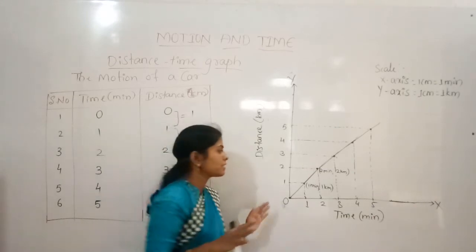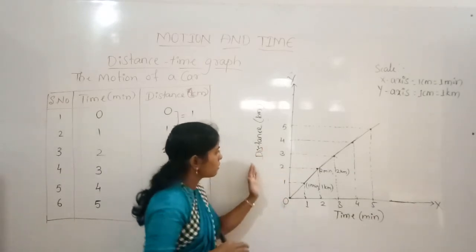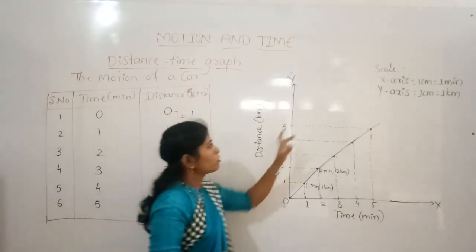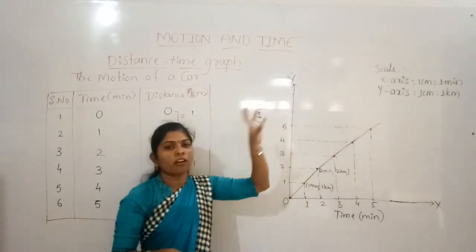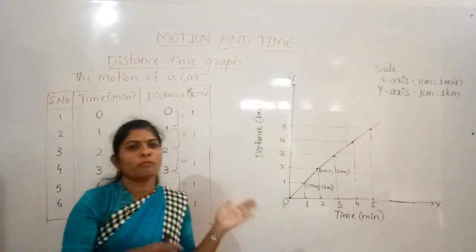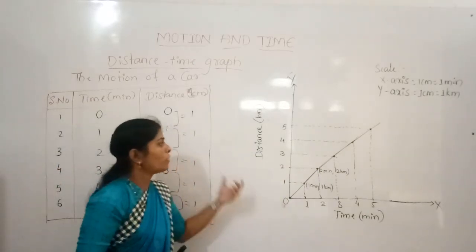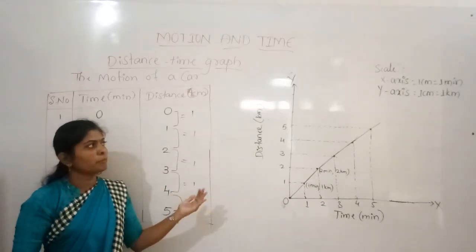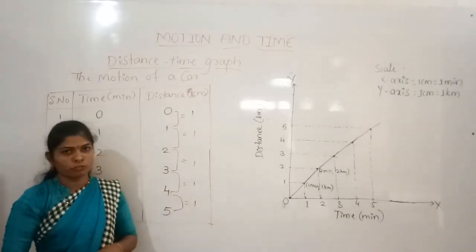So to draw this, first we have to take the distance and time along the y and x axis, and then we have to take the scale according to our convenience. Suppose if it is more than 1 kilometer, then you can also take 1 centimeter equal to 10 kilometers.